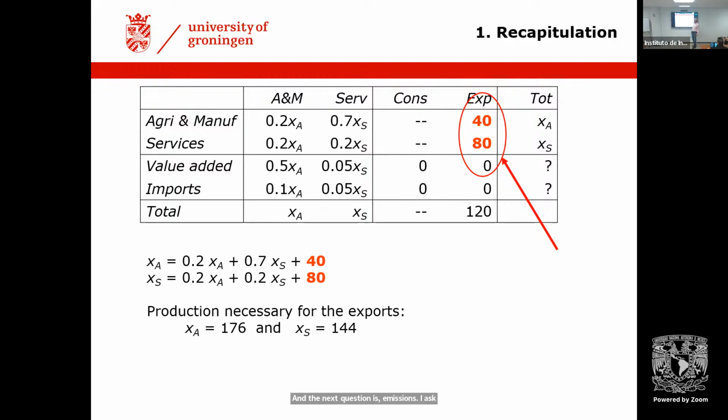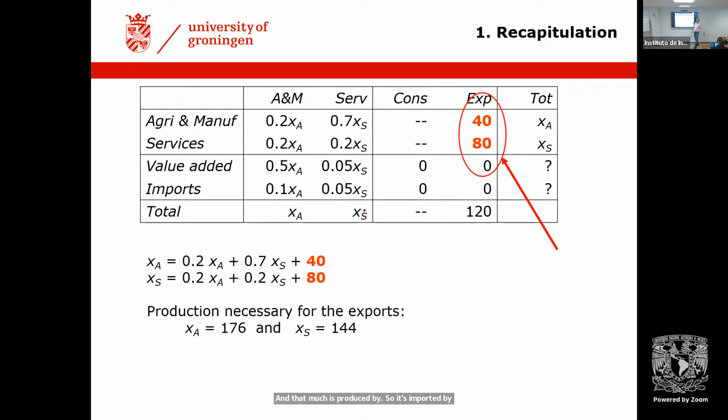I asked them first, how much imports go into these exports? Well, if you produce this, then that much is produced by A&M, 17.6, and that much is imported by services.